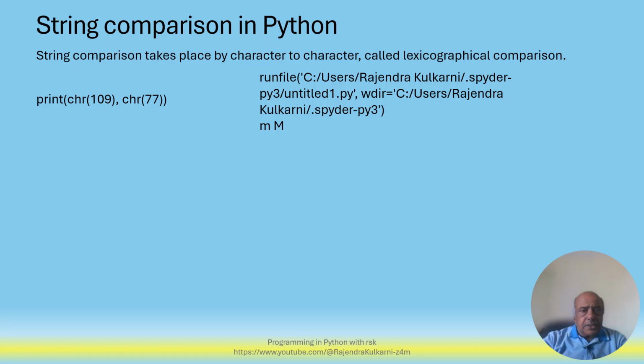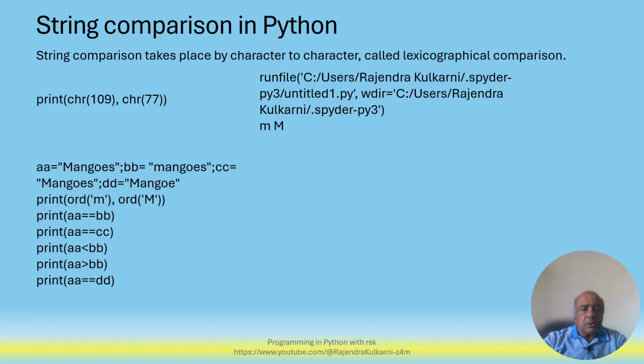We can compare strings in Python. Before that, a small understanding of characters and Unicode numbers. We have a print statement here, where chr is a function that takes some number as its argument.